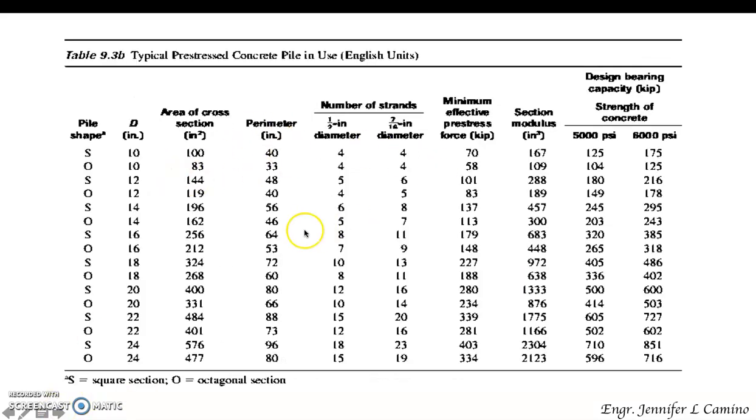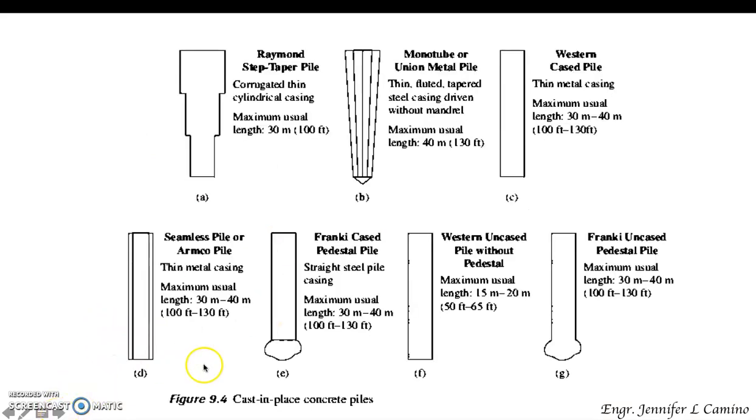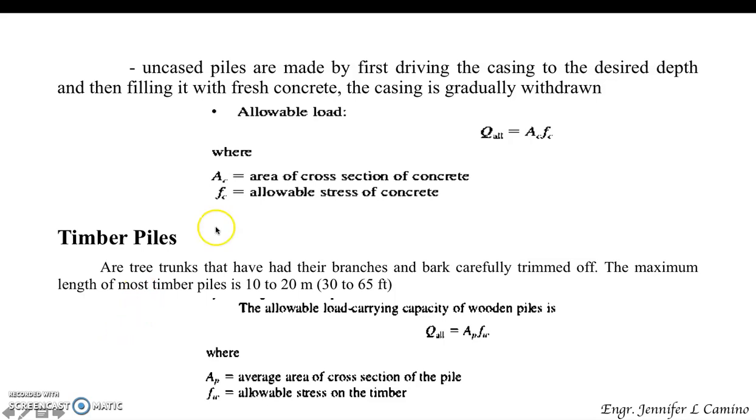And we have here a table showing typical pre-stressed concrete piles in English units. So we have here the cast-in-place concrete pile. These are some of the types of cast-in-place concrete piles with their corresponding characteristics. Uncased piles are made by first driving the casing to the desired depth and then filling it with fresh concrete.